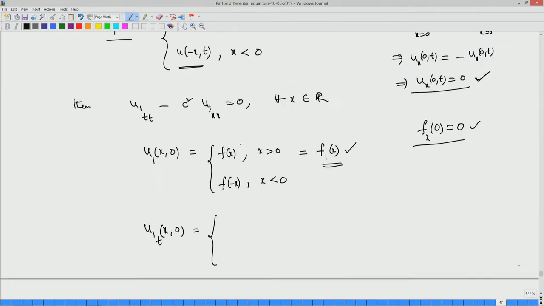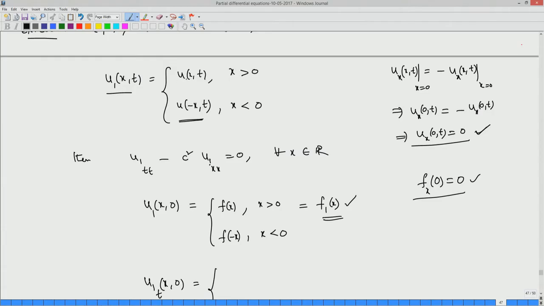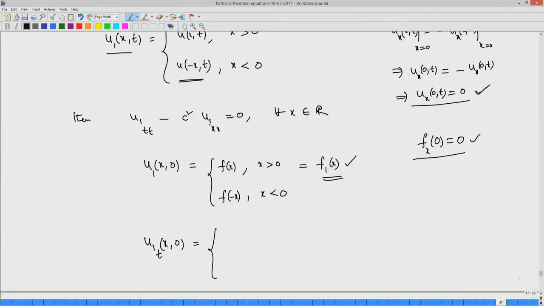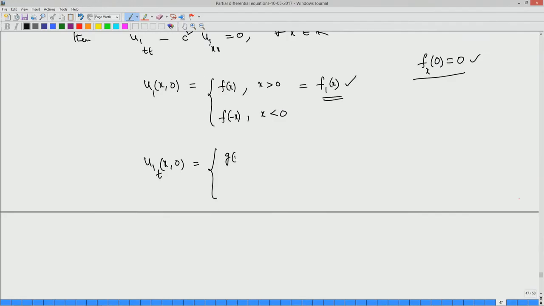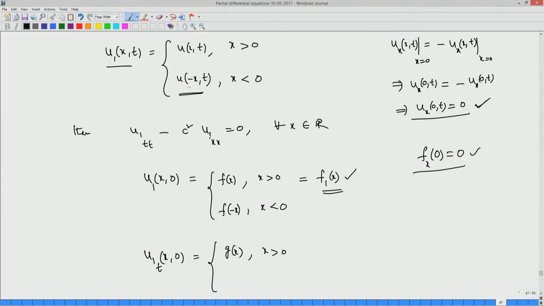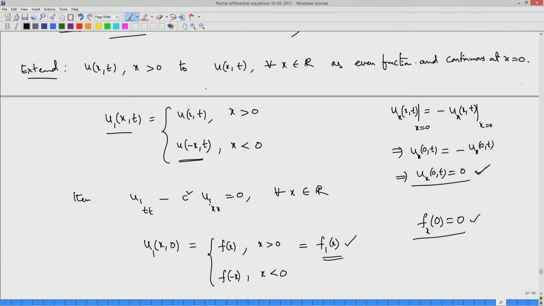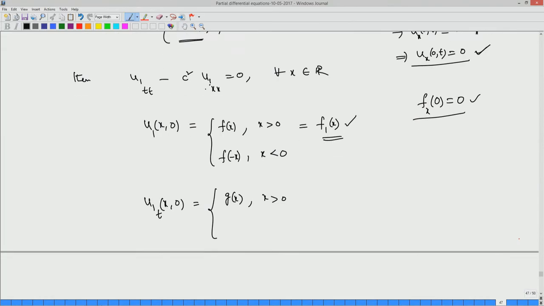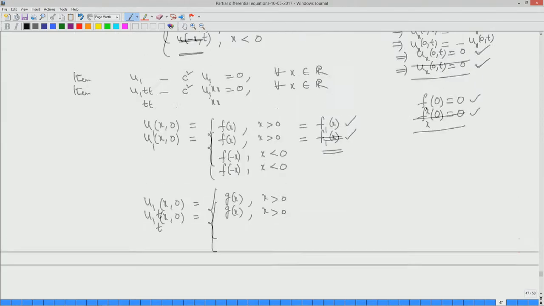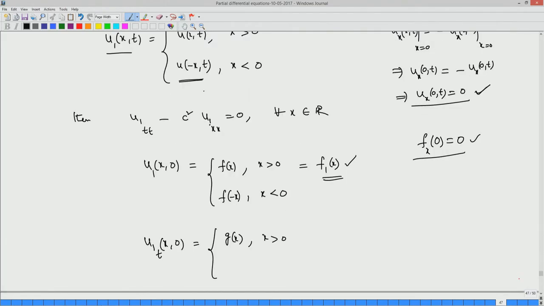If you differentiate with respect to t, u t at x0 is g(x) when x is positive, and for negative x you differentiate with respect to t as well. u t at x0 is g(x), so u t at minus x, 0 should be g of minus x.